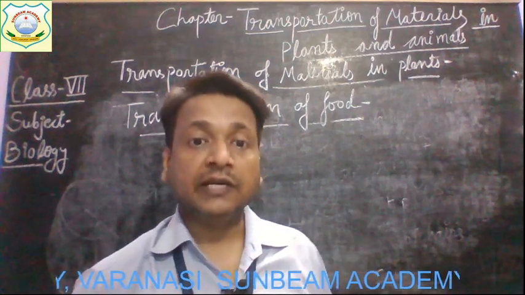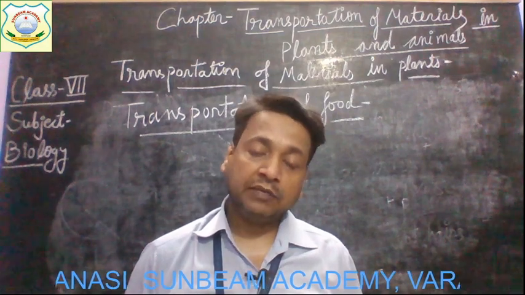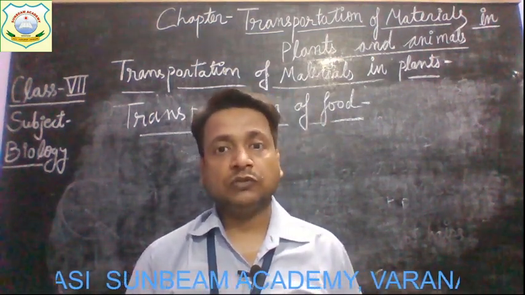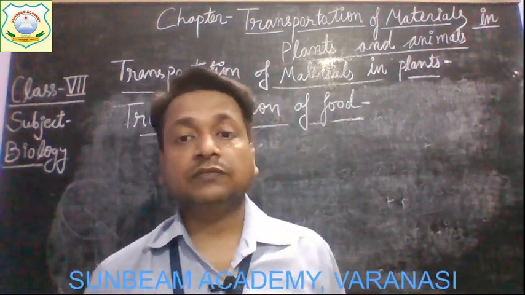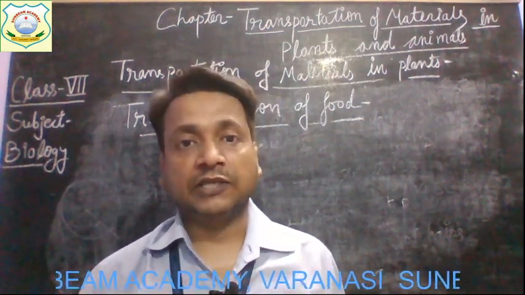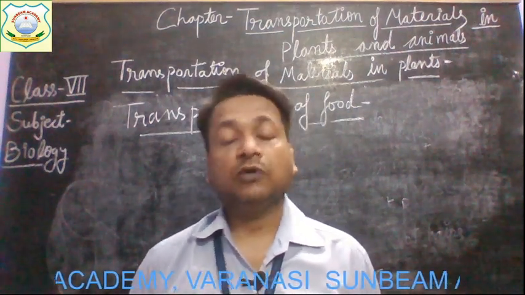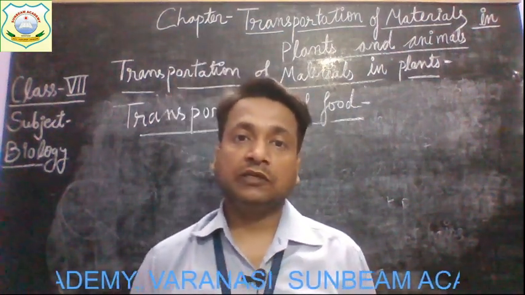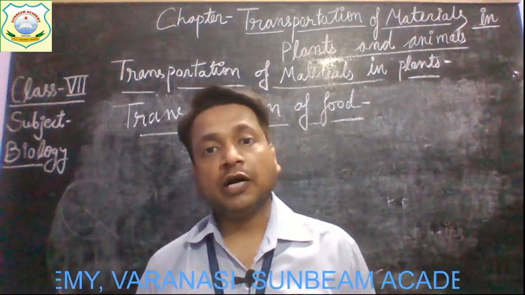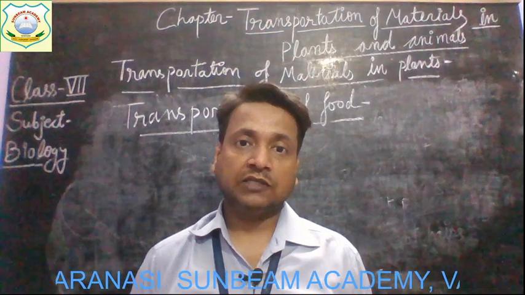So here certain differences are there between transportation in xylem tissue and in phloem tissue. In xylem tissue, the movement of materials occurs only in the upward direction, that is one direction, whereas the movement of food in translocation in phloem tissue occurs in both directions, upward as well as downward.